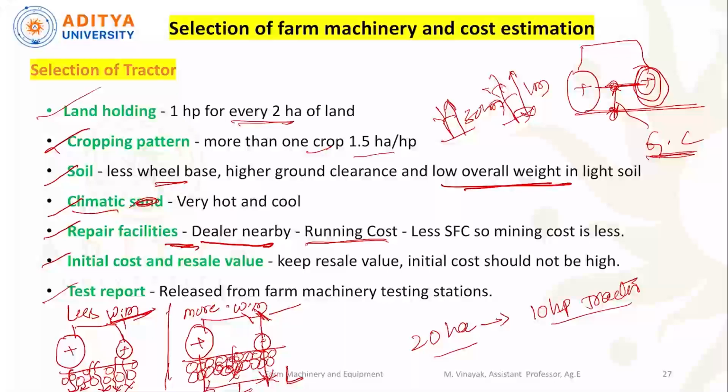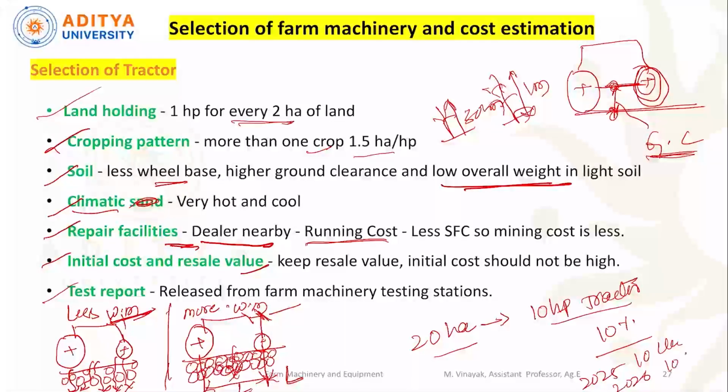Next one is the initial cost and resale value of the machine. Each and every component or machine reduces in cost as the years increase. By increasing the year, the cost reduces by 10%. Suppose a farmer purchases a tractor in the year 2025 at a cost of 10 lakhs.